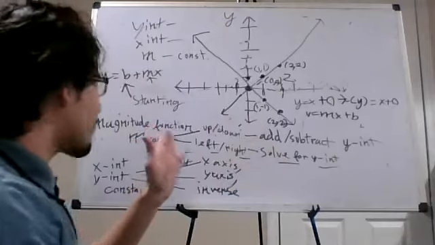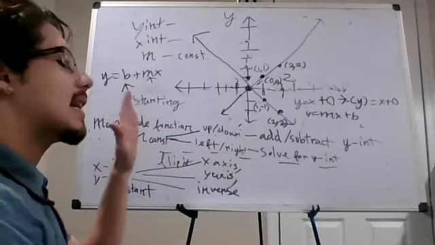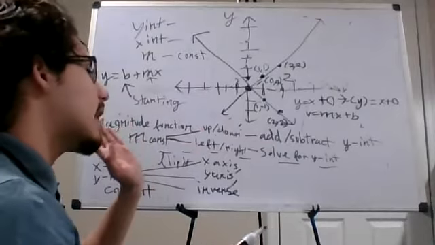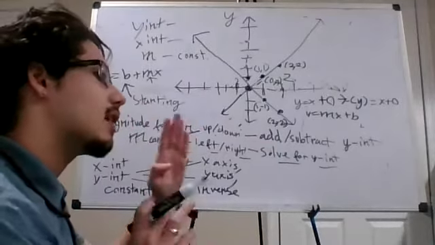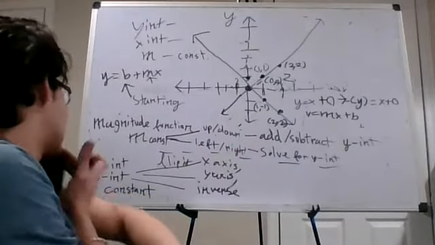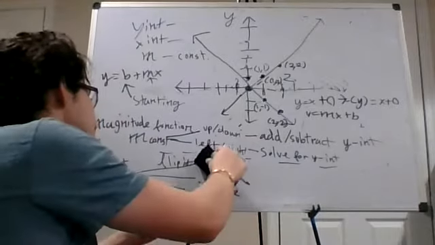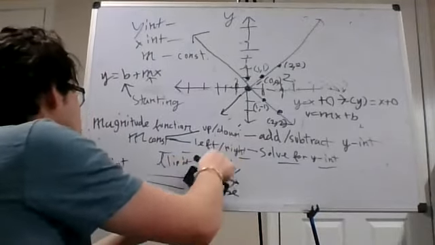Now before, when I said that the x-intercepts and the y-intercepts stay constant, this varies sometimes depending on what you're doing. So I didn't mean to say that they always stay constant.